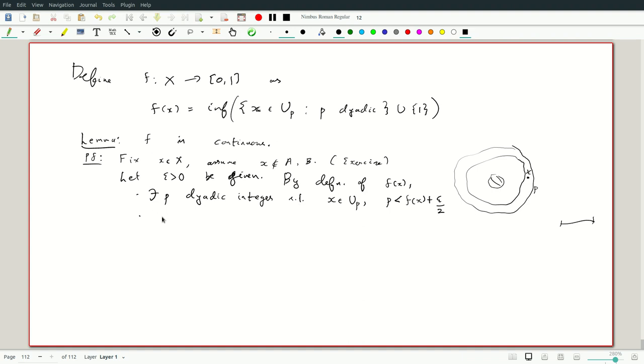Okay, so what about on the other side? So we have found a point. So x is in U_p, and then if I take any integers, also pick q, since these are dense, dyadic, such that q is in (f of x minus epsilon by 2, f of x). Okay, then x does not belong to U_q.